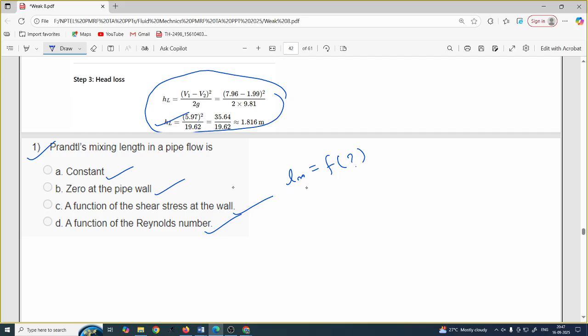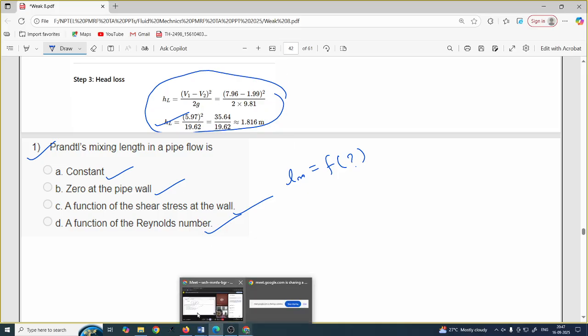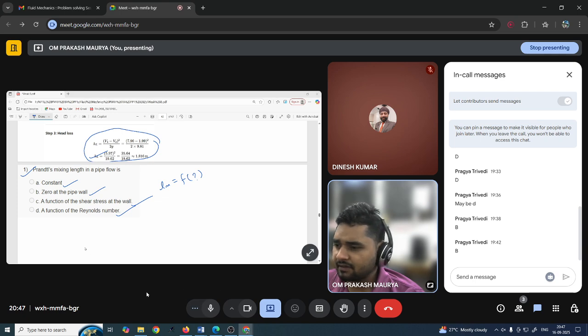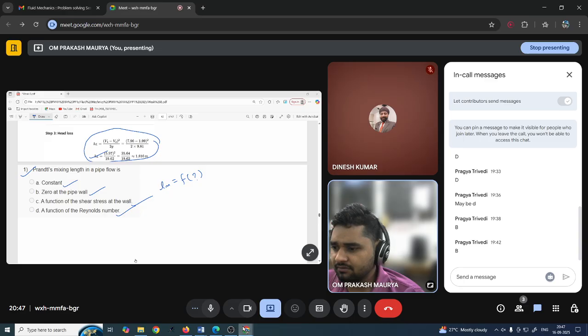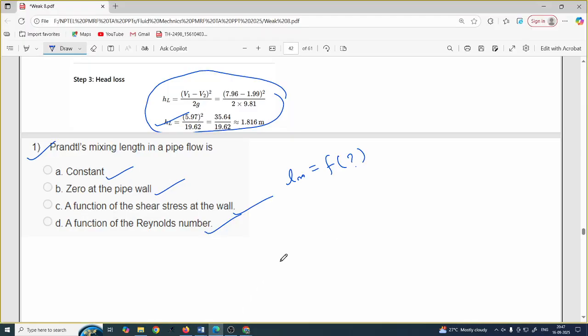So that is the function of shear stress at the wall, function of Reynolds number, 0 at the pipe wall, constant. Just think on that, please. Okay, this is a little bit difficult question, so I will go through the answer.